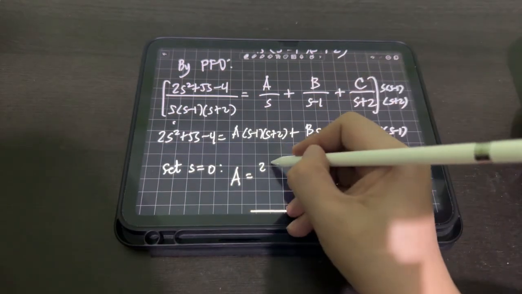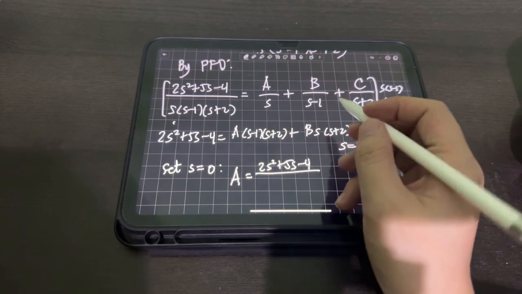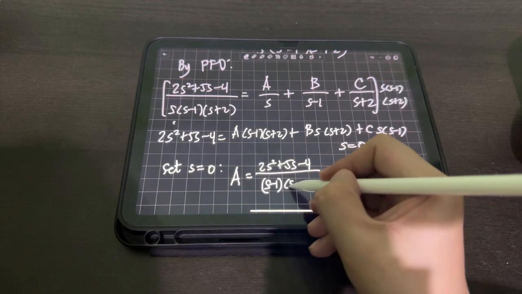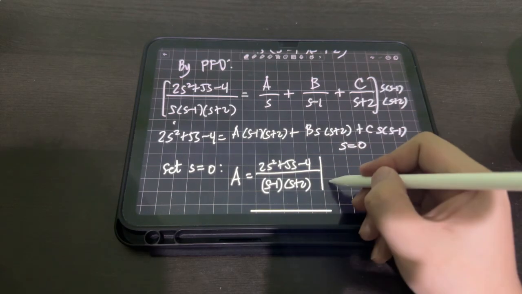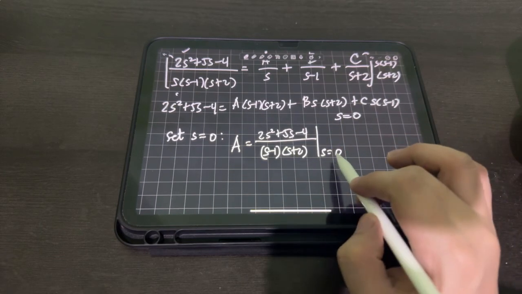equal to the expression on the left side, which is 2s squared plus 5s minus 4, then over the coefficient of A, which is s minus 1 times s plus 2. But this is evaluated at s is 0. So we will replace every s with 0 here.